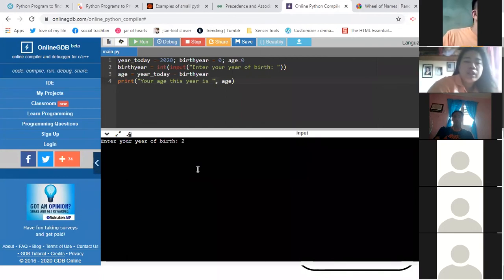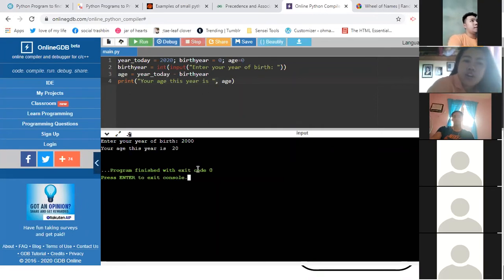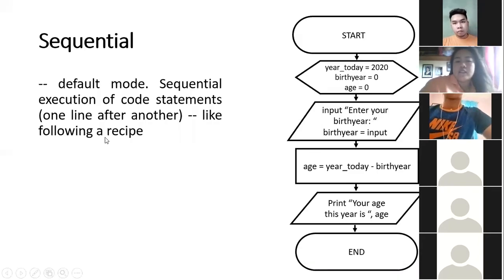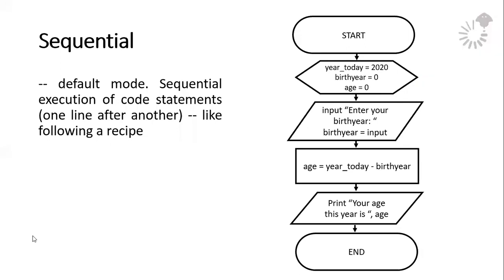Sample, year of birth is 2000. Your age this year is 20. So the interpreter reads sequentially, line by line, the same behavior as a sequential flowchart. Got it? Any questions?